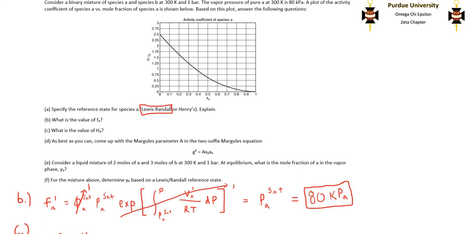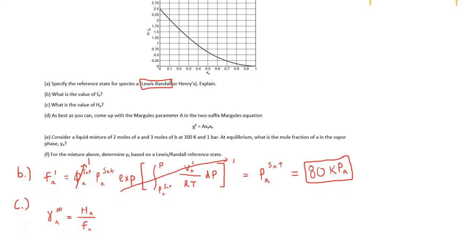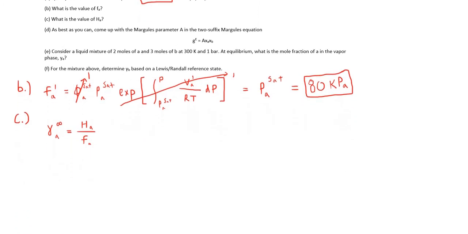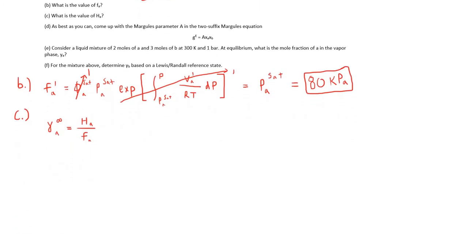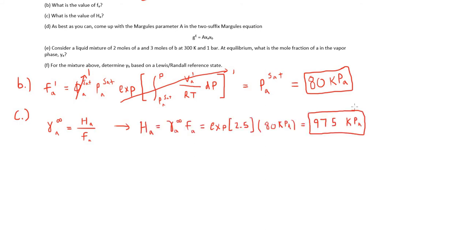So at the plot, we go to XA equals 0 and move up and find that the natural log of the activity coefficient is 2.5. So the activity coefficient at infinite dilution is going to be the exponential of 2.5. And we can plug that into the equation and solve for HA. When we plug that in, we get that HA is equal to 975 kilopascals.